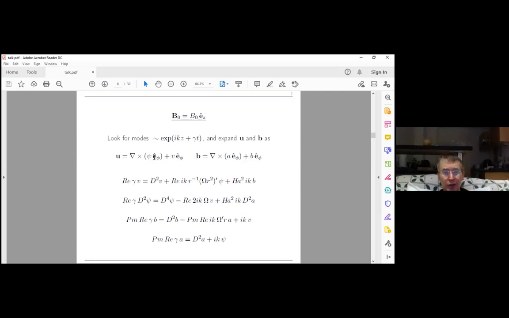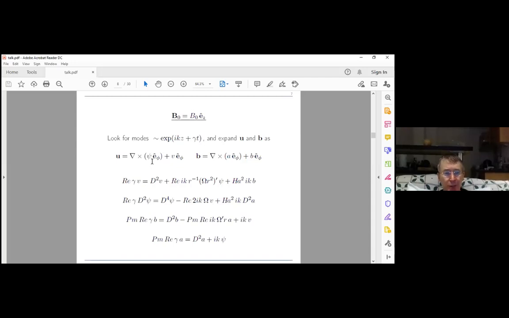That means that I can decompose little u and little b in this sort of form. This is called a poloidal-toroidal decomposition, or also stream function representations. And that means I've automatically taken care of div u and div b being 0.